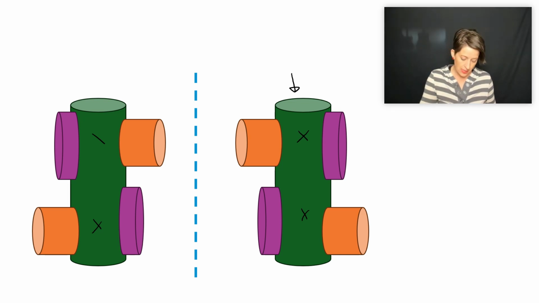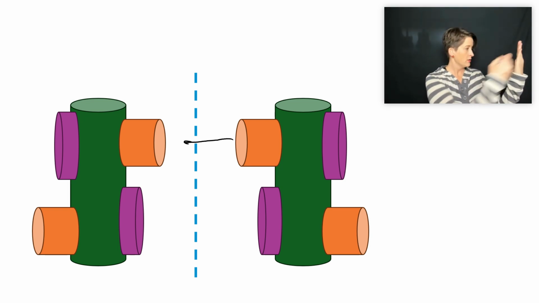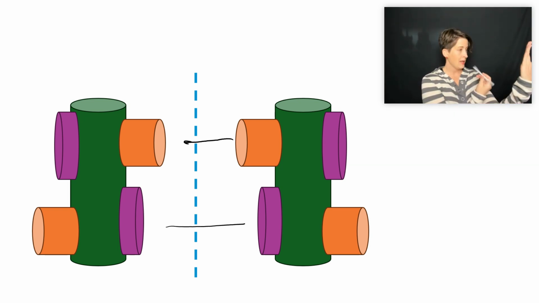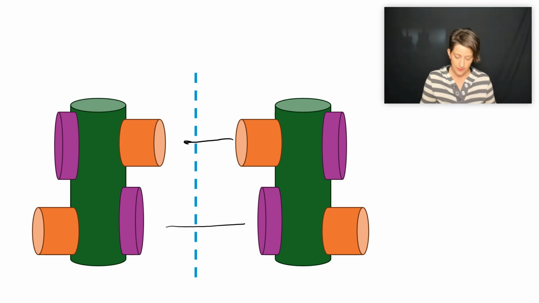It is a mirror image because the orange is essentially looking at itself, right? So if I had a mirror, I would see my nose. And this purple is also looking at itself, right? So it's like my chin would be looking at itself. That is what it means by mirror image.